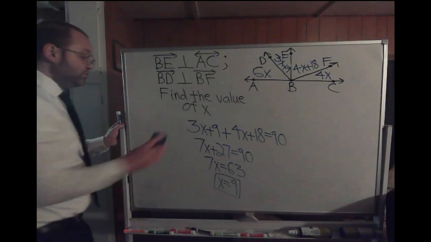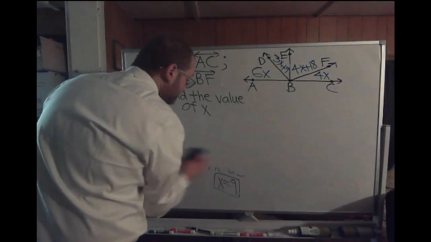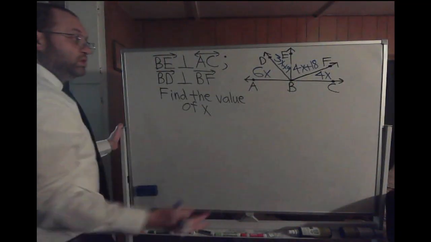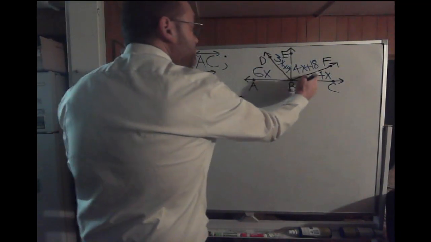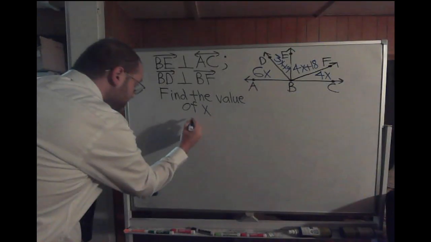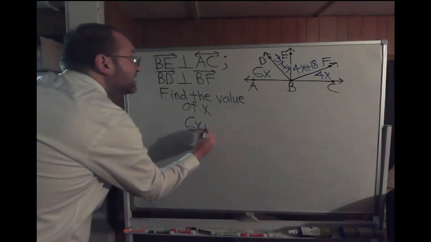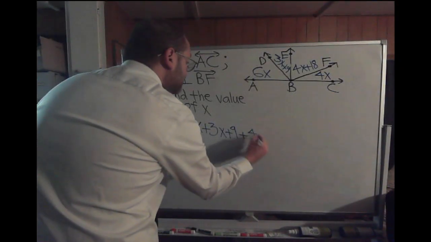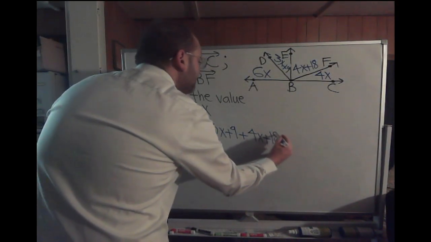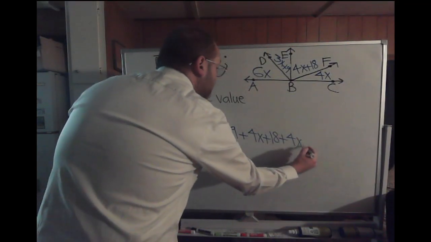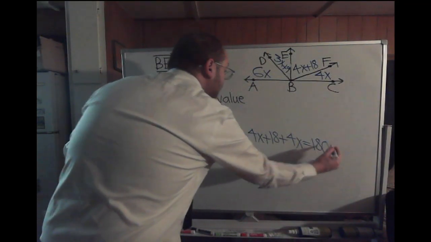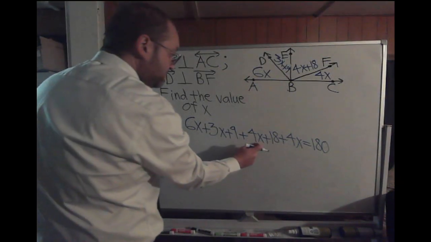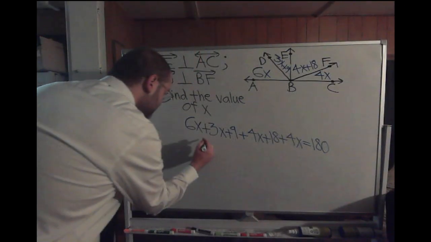And the last one I truly don't recommend, but it would still be correct. We know all 4 of these angles together make up the whole line, right? They all together add up to 180 degrees, so let's go ahead and do that. That means 6x plus 3x plus 9 plus 4x plus 18 plus 4x, they all together add up to 180. So let's simplify this. 6x plus 3x is 9x, plus 4x is 13x, plus 4x is 17x.